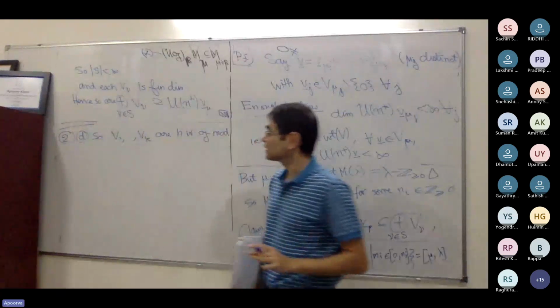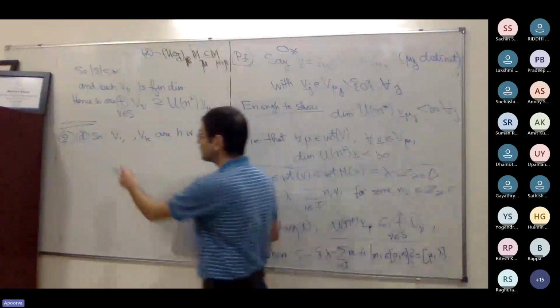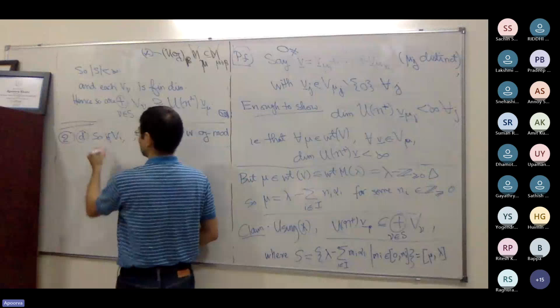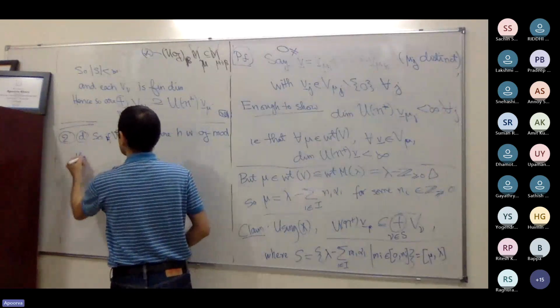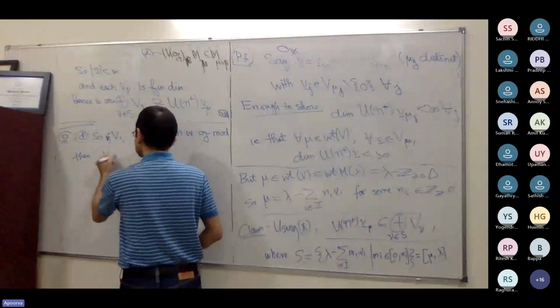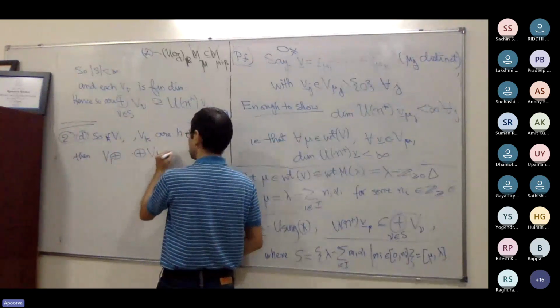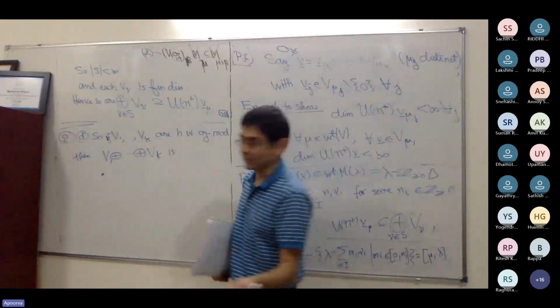We know that a single highest weight module had these 3 properties. So now what can we say about this? Each of them was singly generated. If these are highest weight modules, then what can you say about the module V1 plus through Vk? First of all, it's not singly generated, but it is finitely generated.